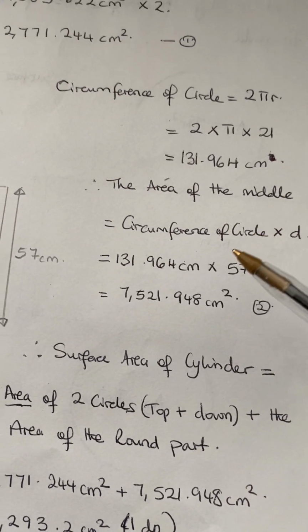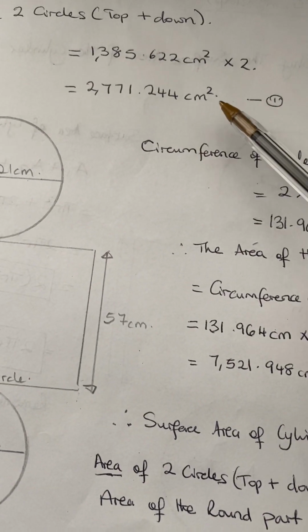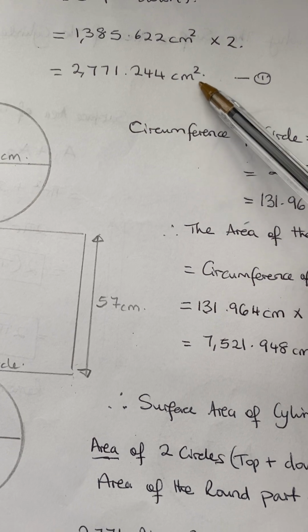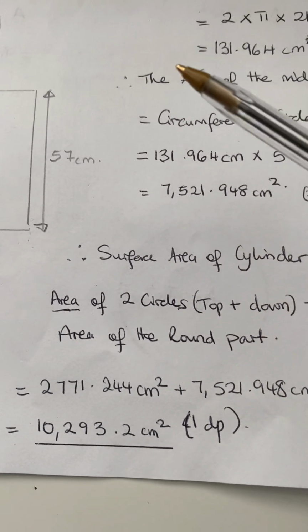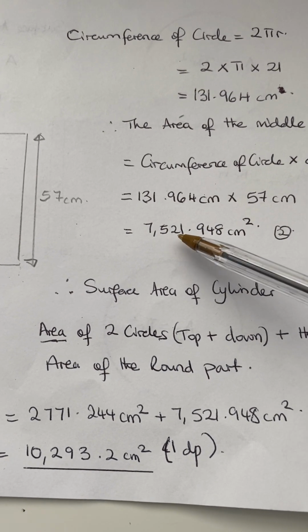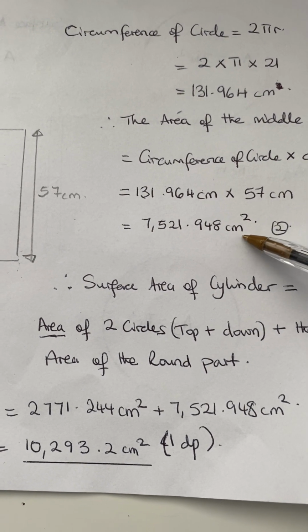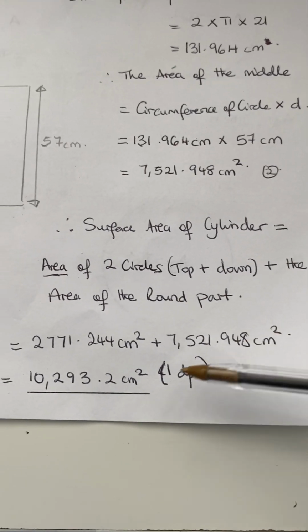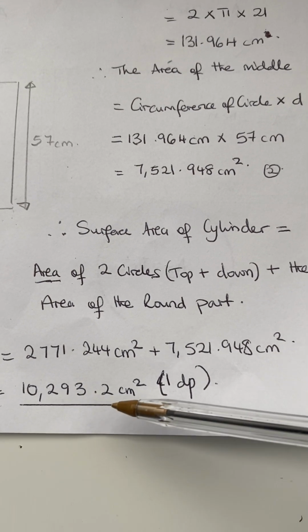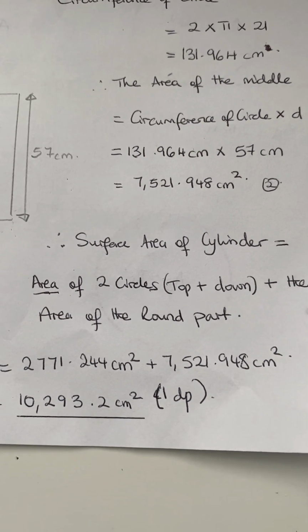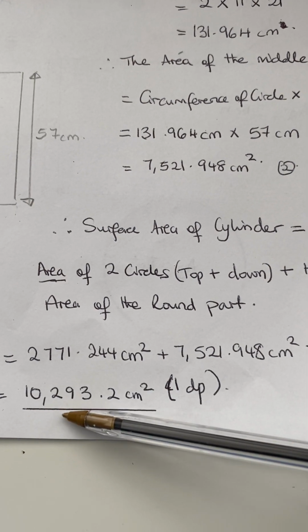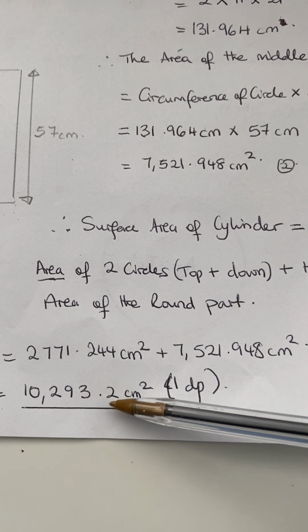If we add the top and bottom, which is 2771.244 centimeters squared, to this part here, 7521.948 centimeters squared, we get 10,293 and if you round it to one decimal place, you get 10,293.2.